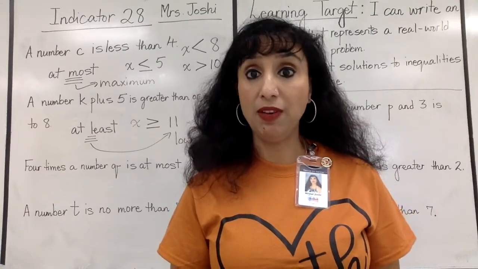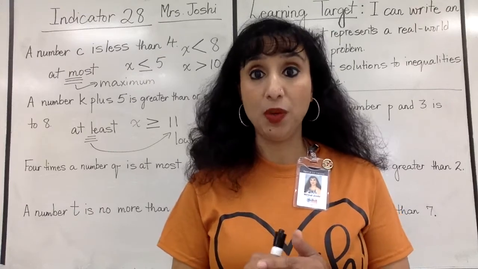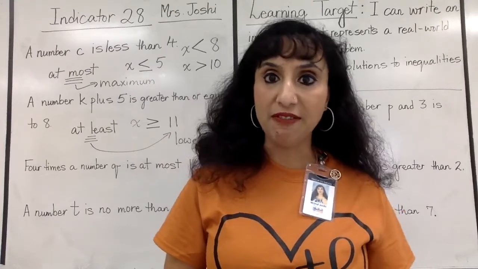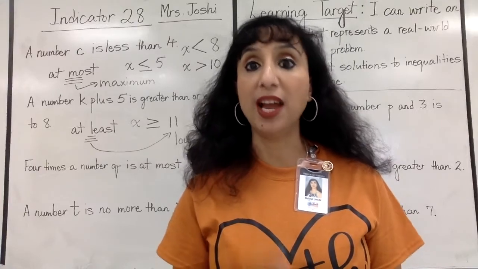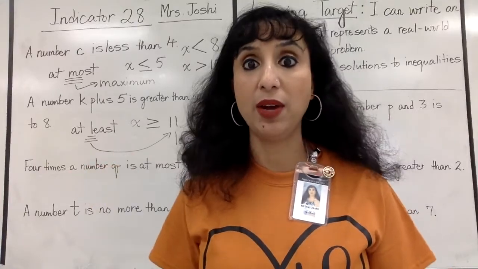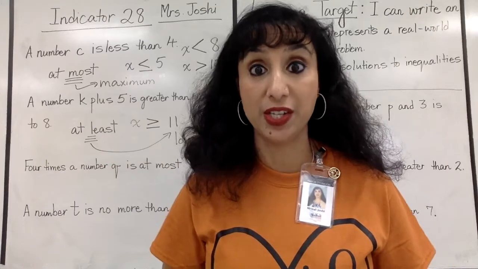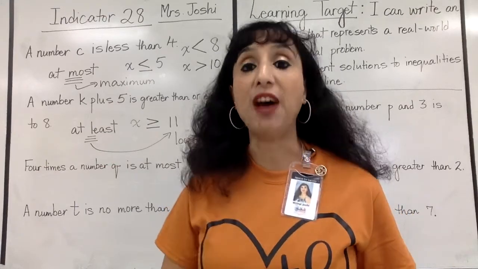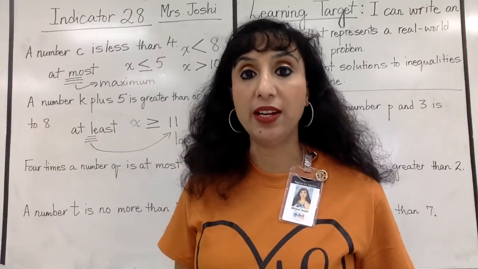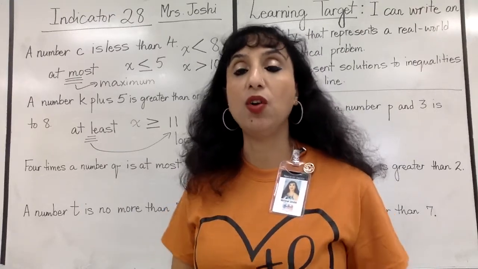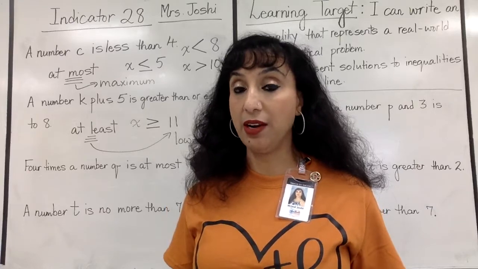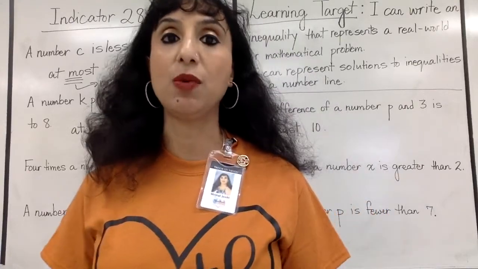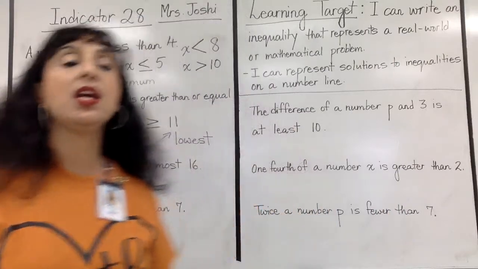If you are not 5 feet or higher, if you are less than 5 feet, if you are 4 feet, you're going to be flying off that roller coaster somewhere where you don't want to, and you're going to get seriously hurt, okay? So if it's saying at least 5 feet, you have to be 5 feet or greater than that in order to ride that roller coaster safely. Don't try to ride it if you are less than 5 feet. It will not go well for you, okay? So that is why you say at least, okay?